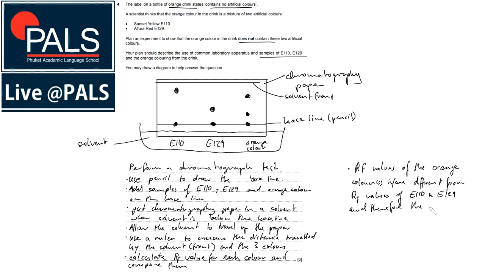Therefore, the orange color does not contain these food colorings. So that should be more than enough here to get our 6 points.